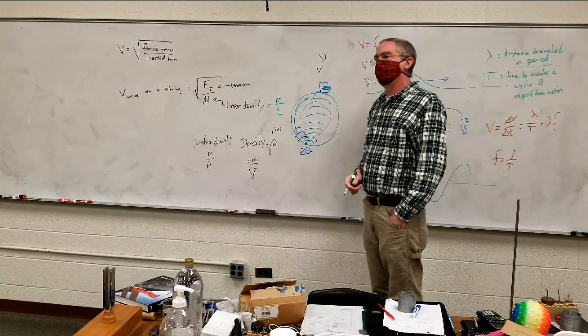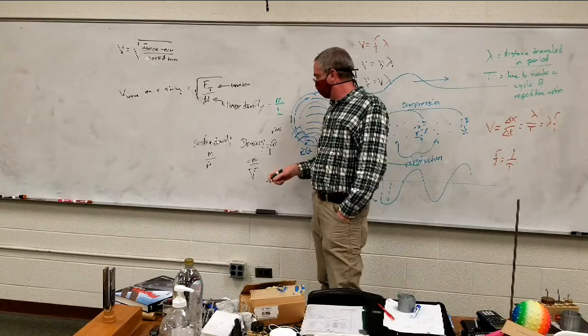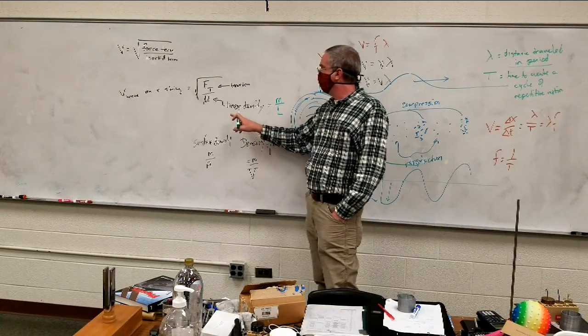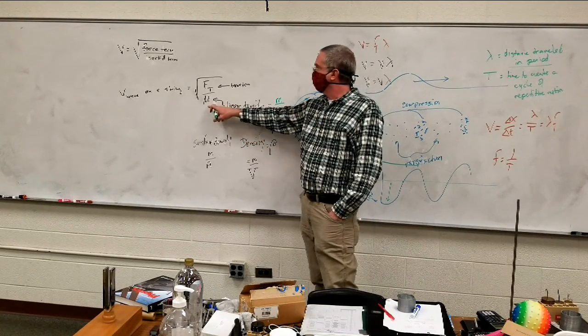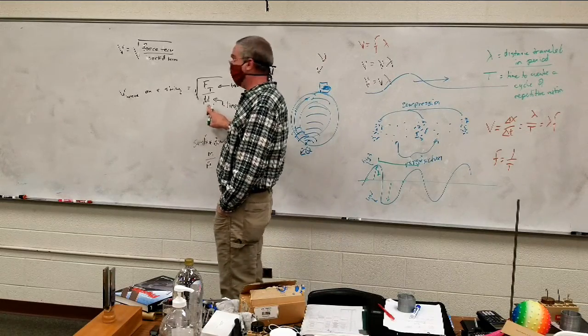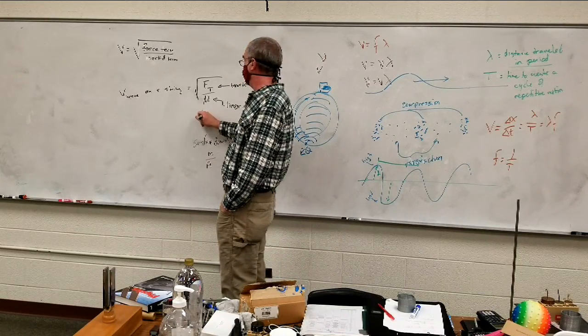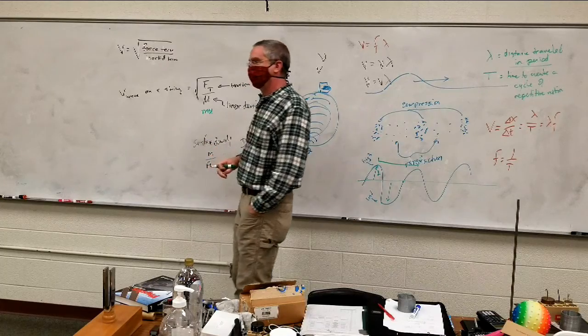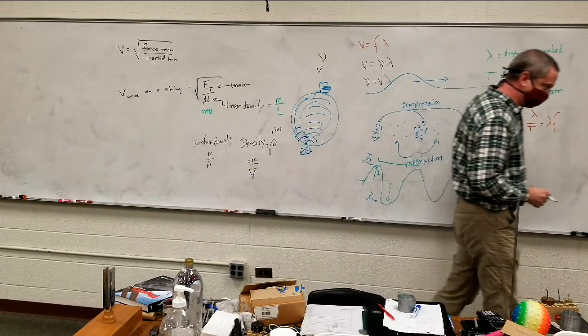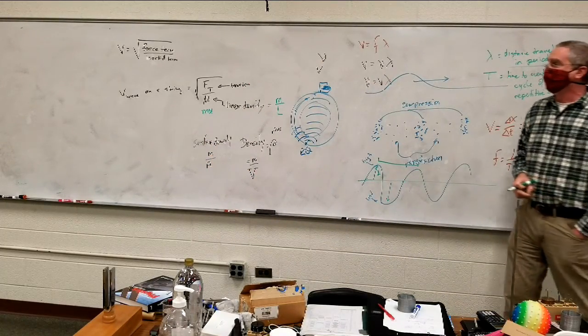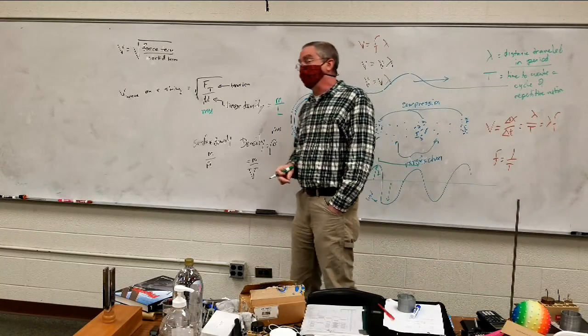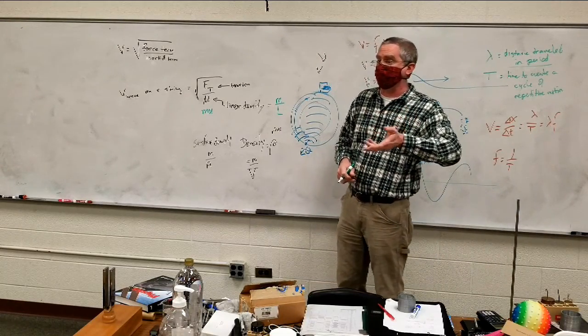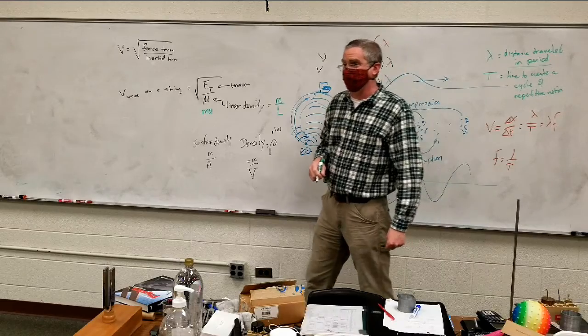Question, the M that you use for linear density up here on the wave on a string, is that supposed to look like an M or is that supposed to look like a different letter? That one right there? Yeah, it's a mu. The same letter that I use for coefficient of friction. Now, there are two symbols that are typically used for linear density. Mu is one of them, and the other one is a lambda.